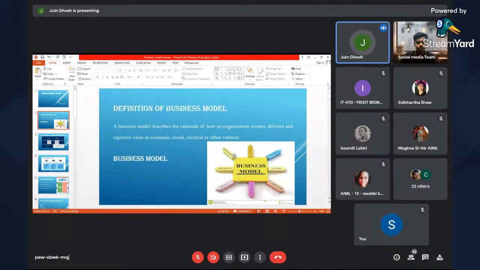Until and unless each and every category is focused on, a business cannot reach success. Due to the business model itself, that is the strategies developed by the business, a company can make or break the way it is running, right?